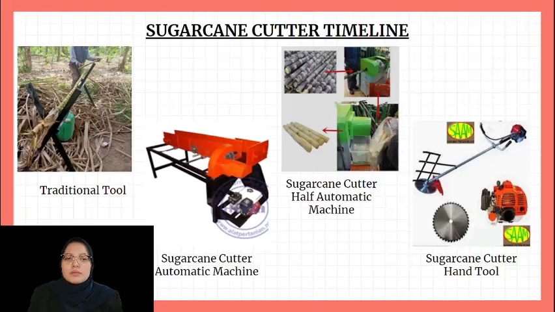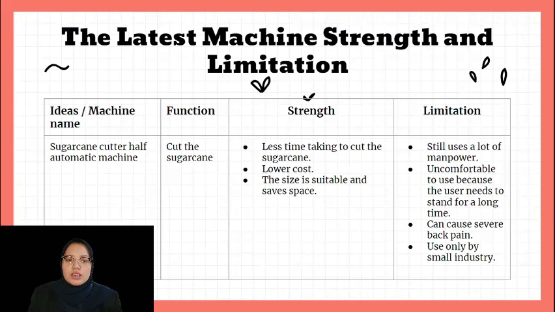Next, I will explain the machine strengths and limitations. For the semi-automatic machine, the limitations of this machine outnumber its advantages. This is because this machine still uses a lot of manpower and is uncomfortable to use because the user needs to stand for a long time, which can cause severe back pain, and it is only used by small industry.